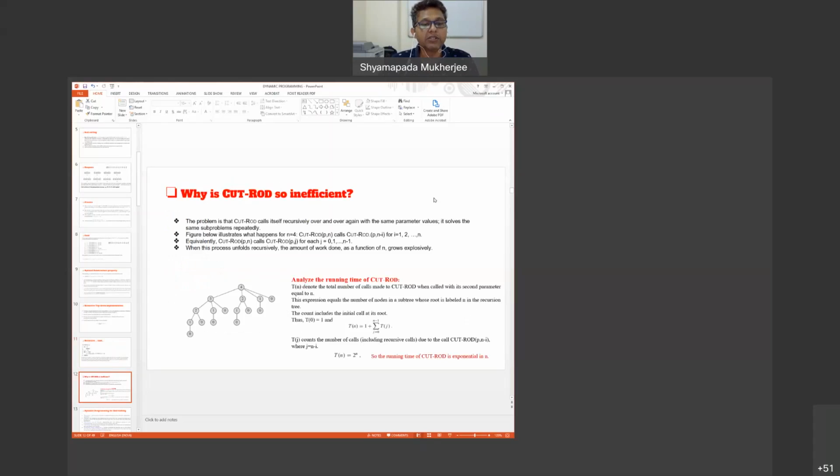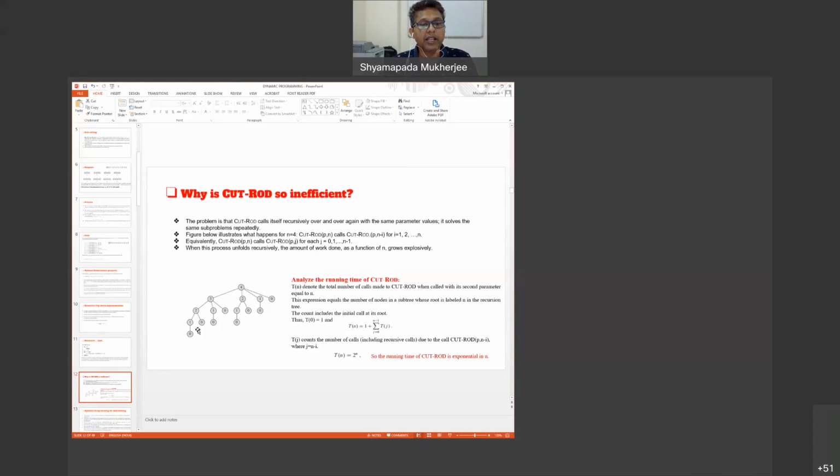Because if we apply this rod cutting algorithm, then this graph or tree denotes how the different nodes are being explored or created, or you can say it denotes the calls made recursively to the rod cutting algorithm. Initially, suppose the length of the input rod is 4.